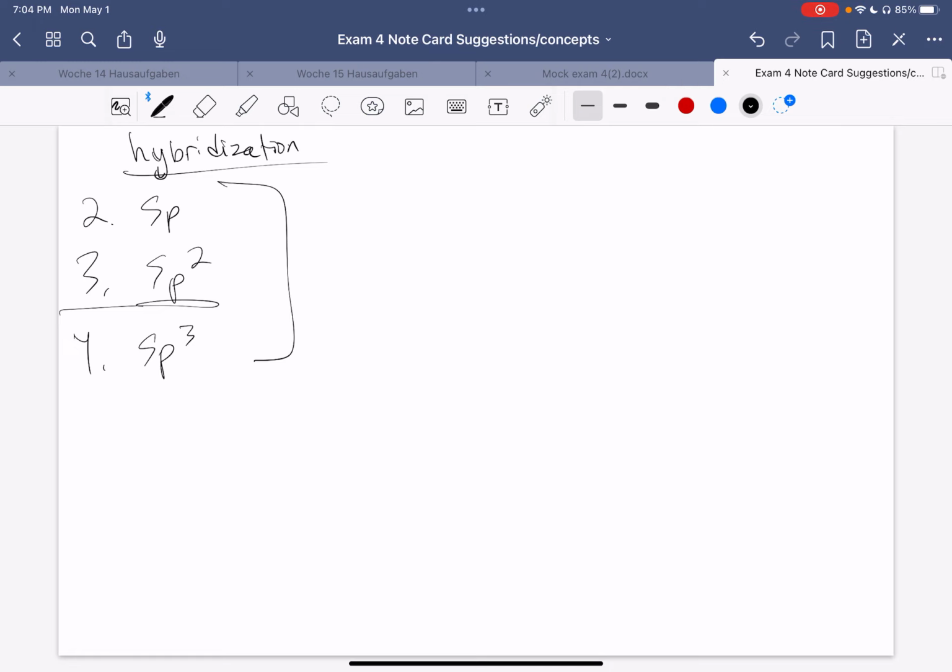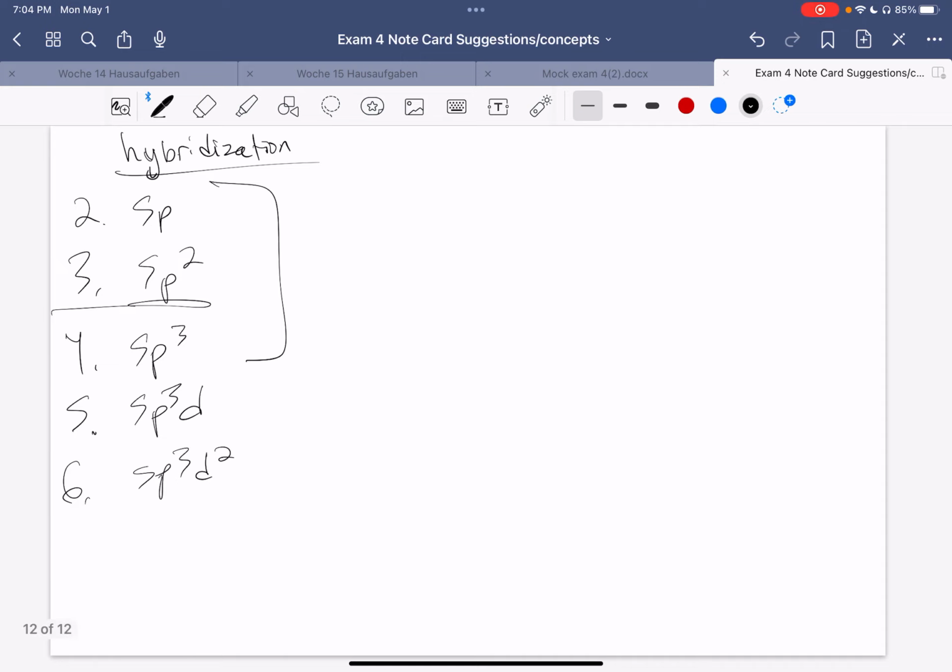And remember that single bonds, double bonds, and triple bonds all count as just one electron group connected to that atom. So a triple bond doesn't mean there are three things bonded. If there are five things bonded, it's going to be sp3d. Six things bonded, sp3d2.